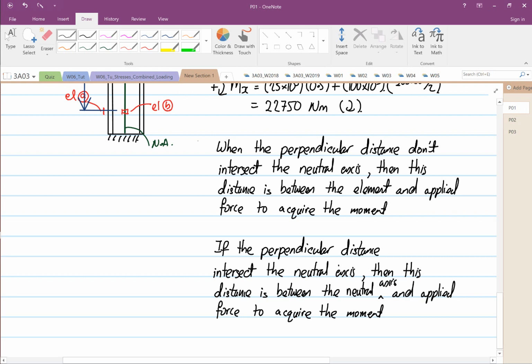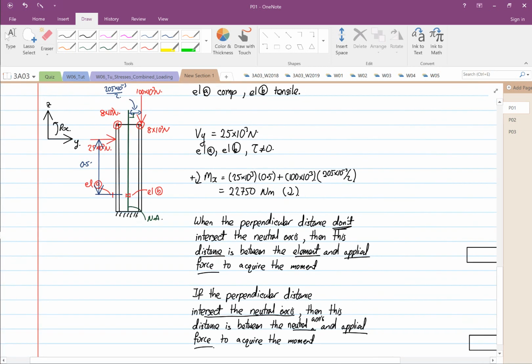Okay, so this one doesn't, but this one intersects. So this one, the distance is between the element and the applied force. If it intersects the neutral axis, then it's between the neutral axis and the applied force. Okay, so this is this part.